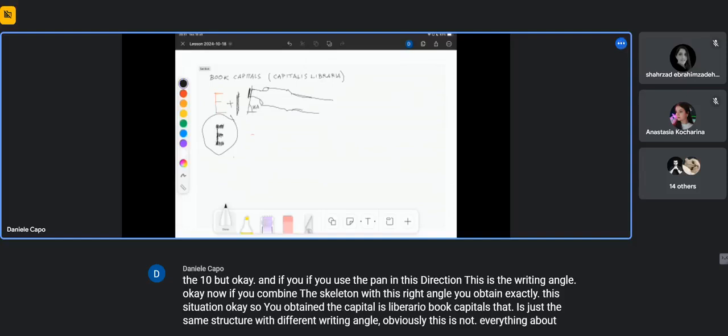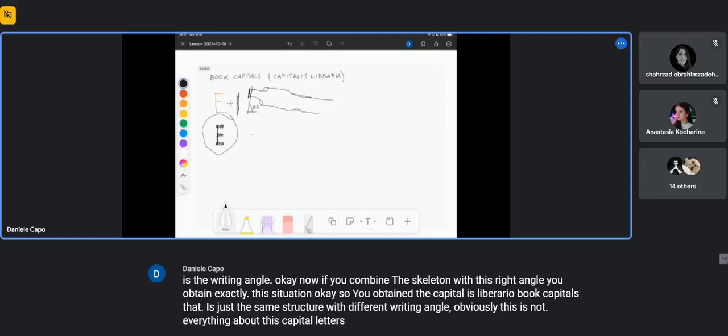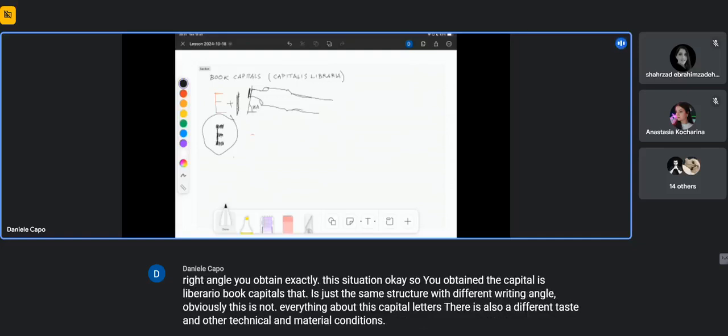There is also a different taste and other technical and material conditions that explain all the shapes.